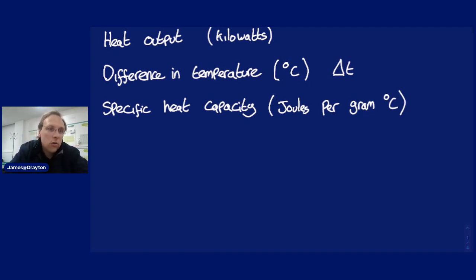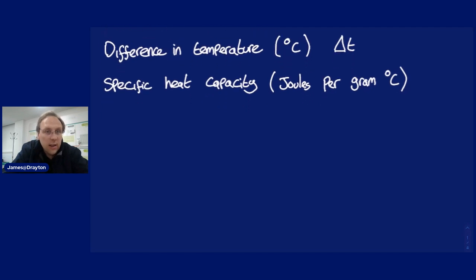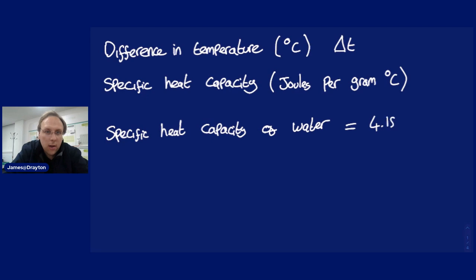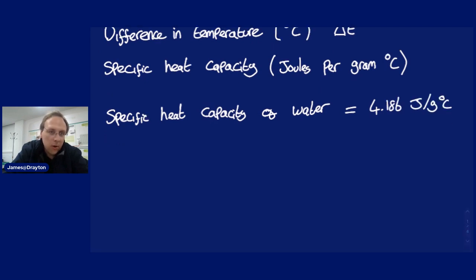Now, whilst that sounds complex, it's not too bad because it's actually a constant. If you're using water, it will change for glycol, because each medium will have its own specific heat capacity. But for simplicity, if we use the specific heat capacity for water, it's a constant, which is, I believe, 4.186 joules per gram per degree centigrade.